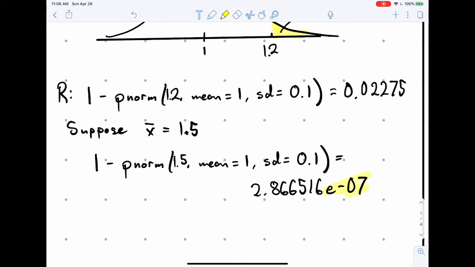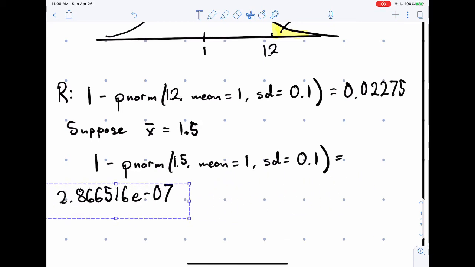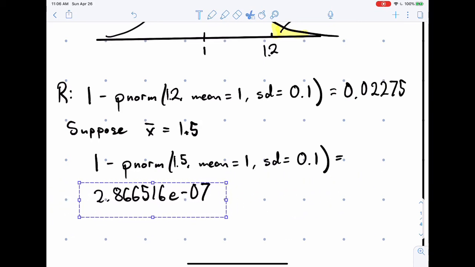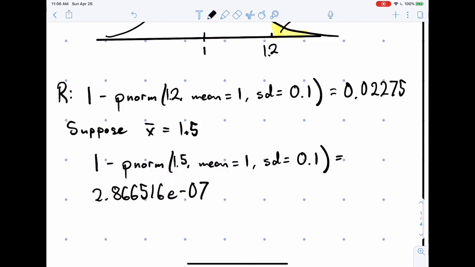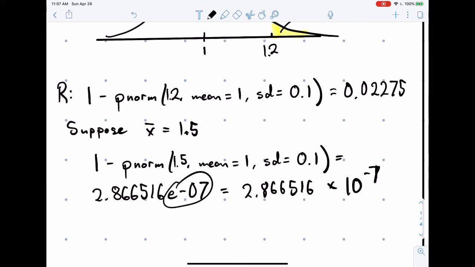That's the thing that matters. This is shorthand notation for 2.866516 times 10 to the negative 7. The e is for exponent, and that's 10 to the negative 7.